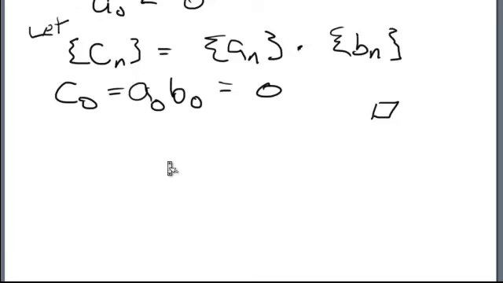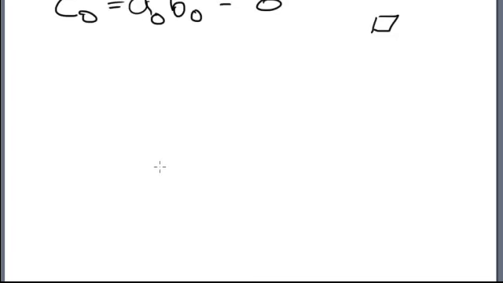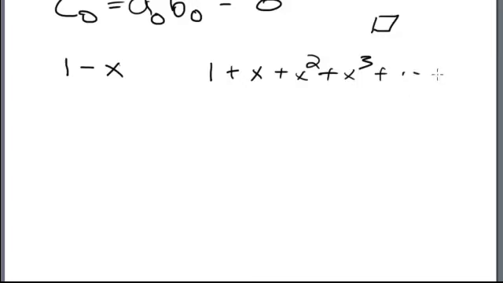With that said, we're going to move on. We computed, or guessed, multiplicative inverses of the sequence whose generating function is this, and we found that the generating function of the multiplicative inverse of that sequence is 1 plus x squared plus x cubed plus and so on.